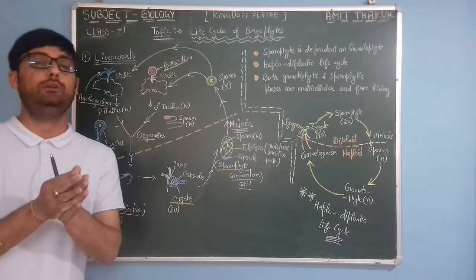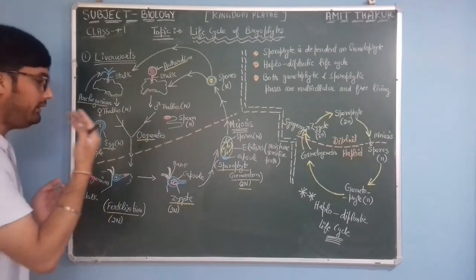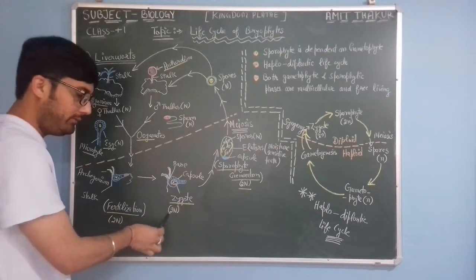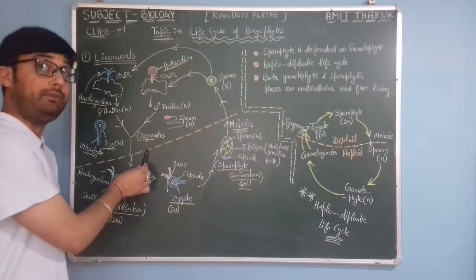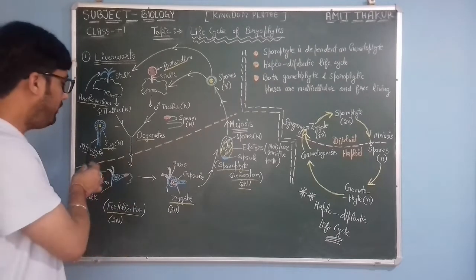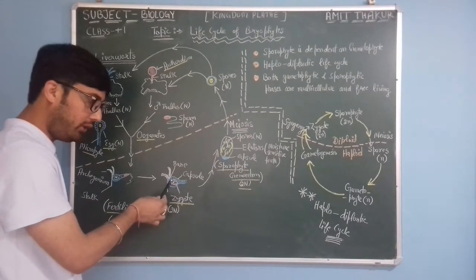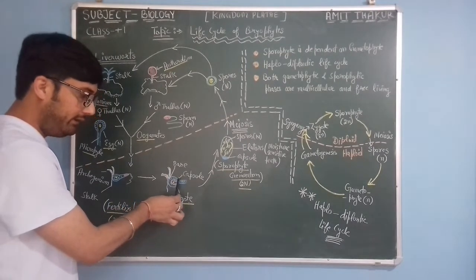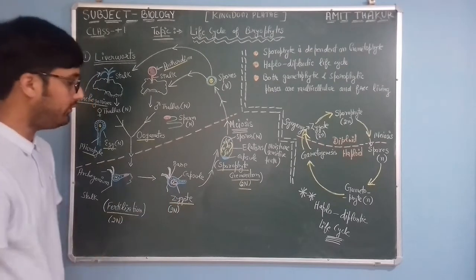The fusion of the male and female gametes produces a zygote, which is diploid. This is an oogamous type of fusion, because only the sperm is motile, not the egg. So the zygote has now been formed. This is a base, and this is a capsule, a protective covering around the zygote.